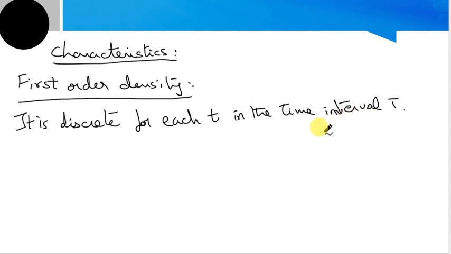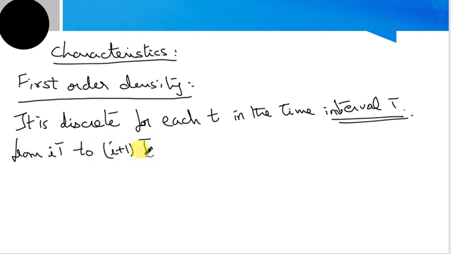This interval t we are going to take from i times T to the next consecutive interval, i plus 1 times T. The probability of getting a head or the probability of getting a tail is equal to half because it is unbiased.